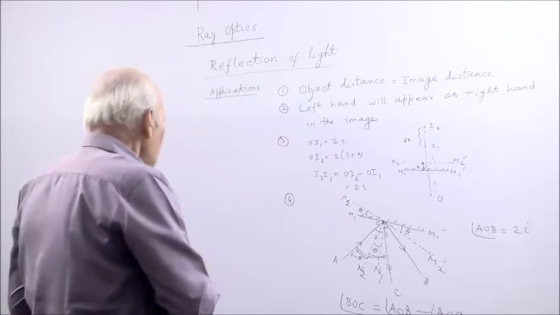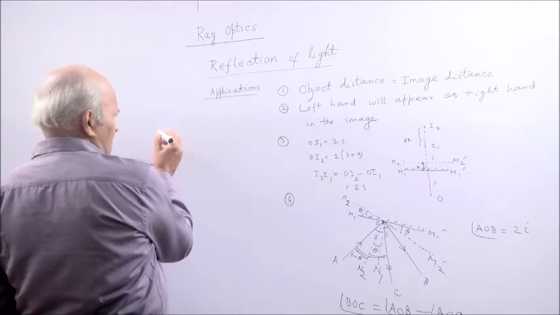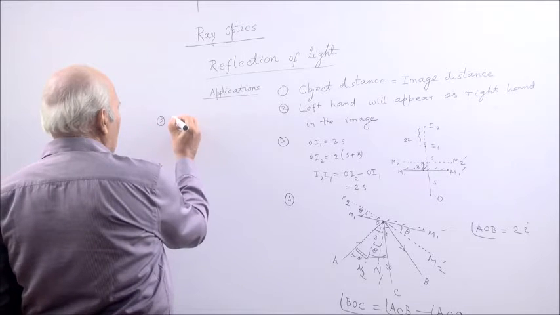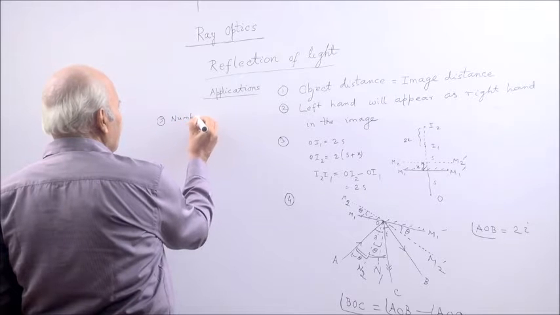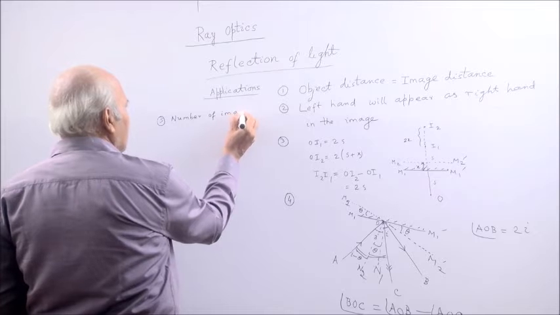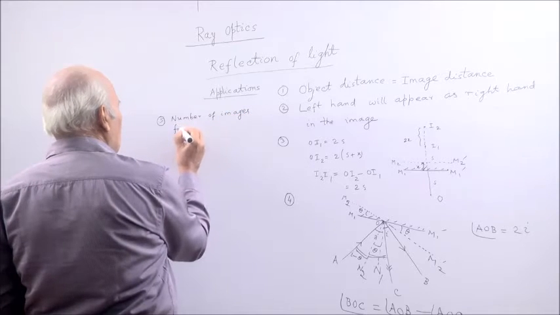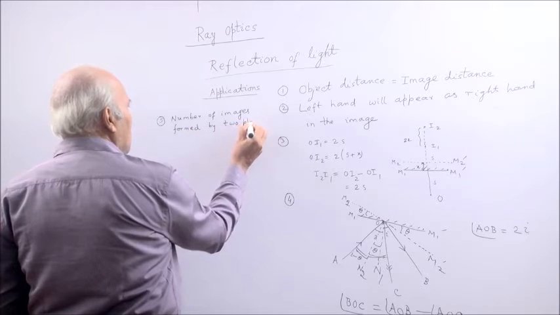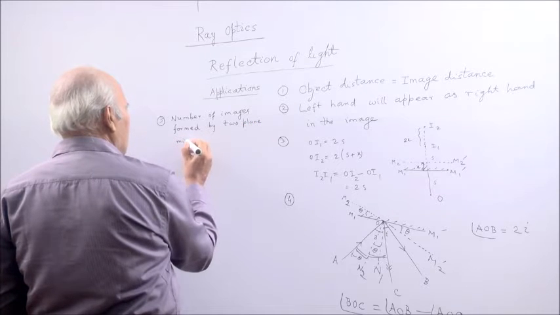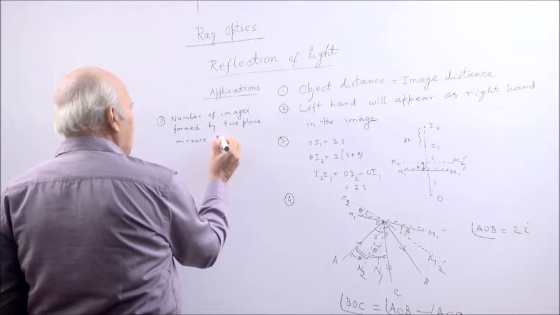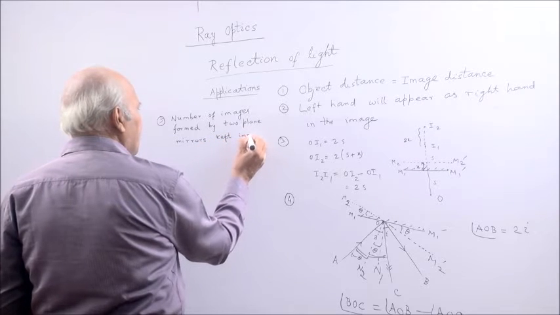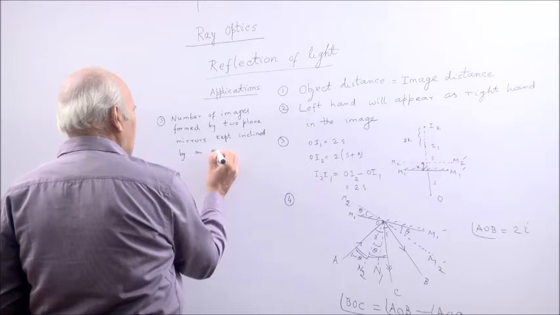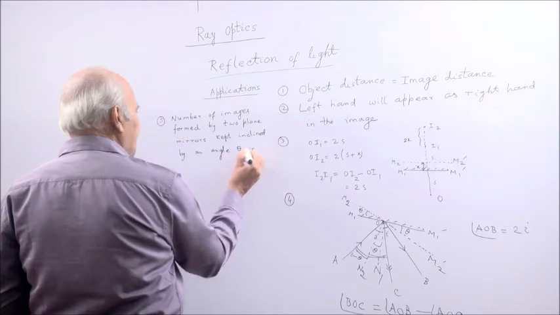And another thing is the number of images formed by two plane mirrors kept inclined by an angle theta is 2 pi by theta minus 1.